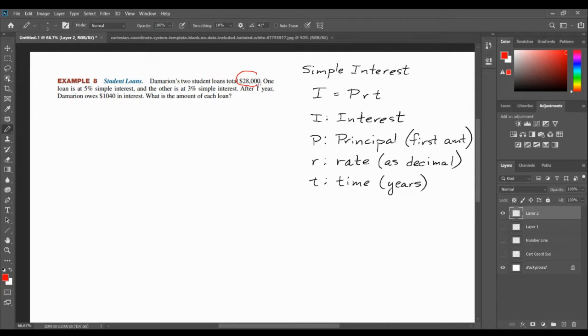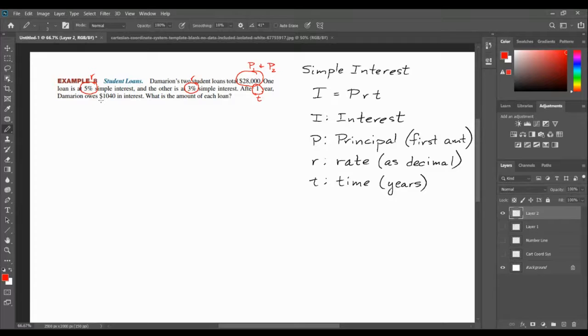This is the total of the two loans. One loan is 5% interest, another one is 3% interest. So we've got two loans at two separate interests. They give us a 1-year time period. So there's our T. This 3% would be R, 5% would be another R. This would be principal for the sum of the two loans. So I'm going to call this P1 plus P2 to really highlight that we've got two of those.